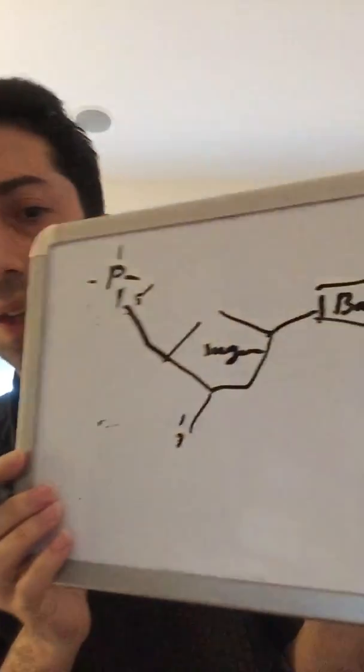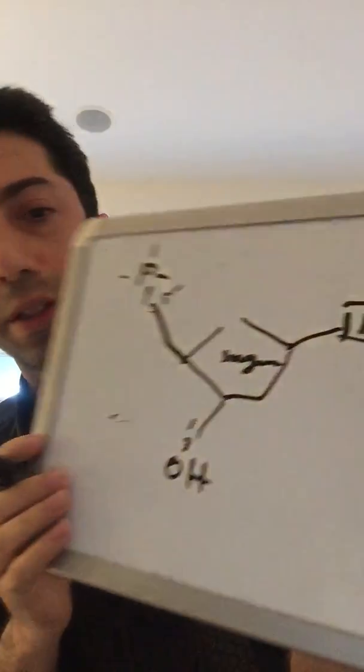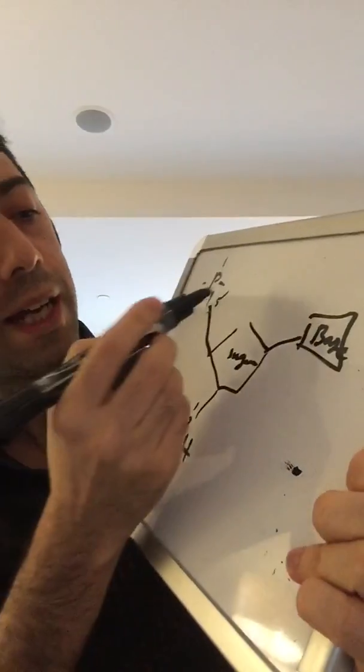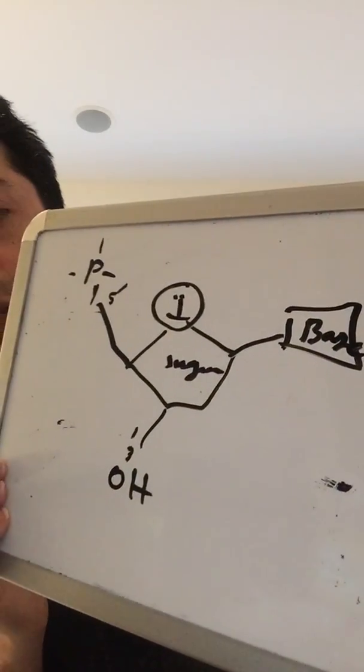If it's a base here, sugar here, here you have another carbon and phosphate groups, and here this is carbon number 5, and here is 3, and OH is here. This is the nucleotide.